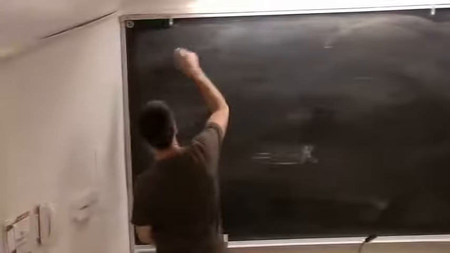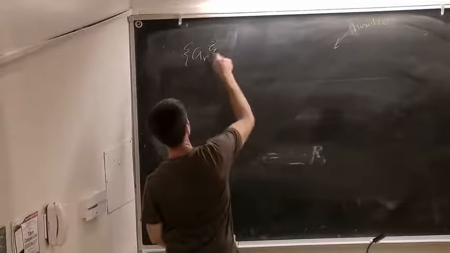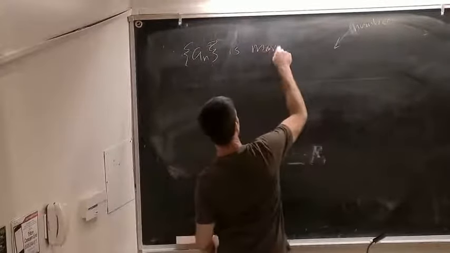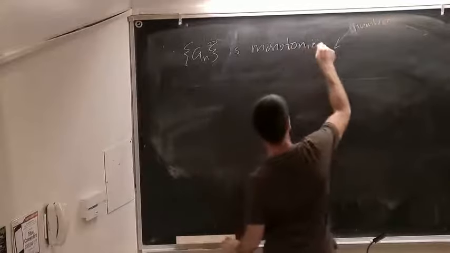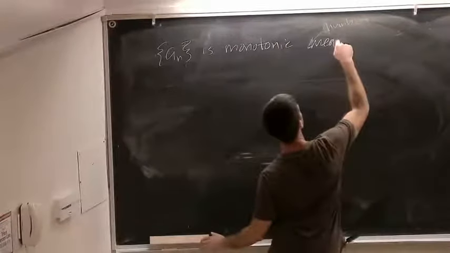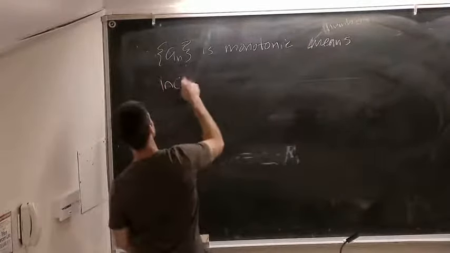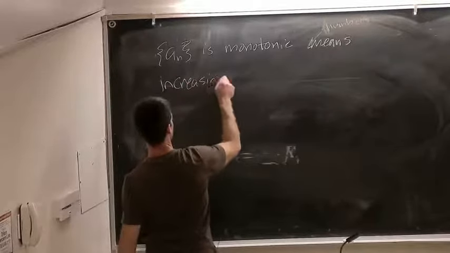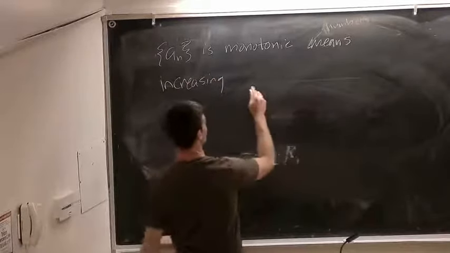So if I just say that a sequence is monotonic, that means it's one or the other. It can't be both, not according to that definition, but it's either one or the other.